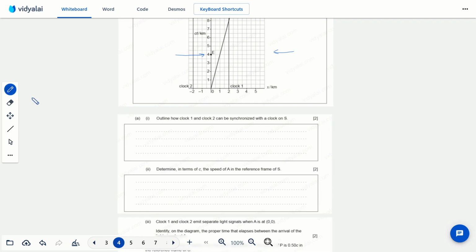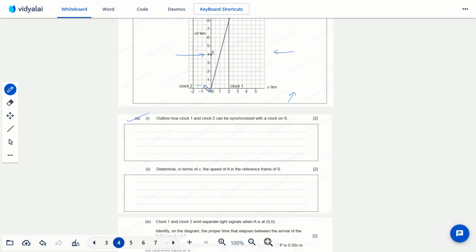But in the first part, we need to find a way to synchronize these two clocks with another clock on the space station. One way of doing it is to have all three clocks at the origin when time is 0. We set the time on all three clocks to show the exact same thing. Then we make them start working at the exact same time, so they're all synchronized.